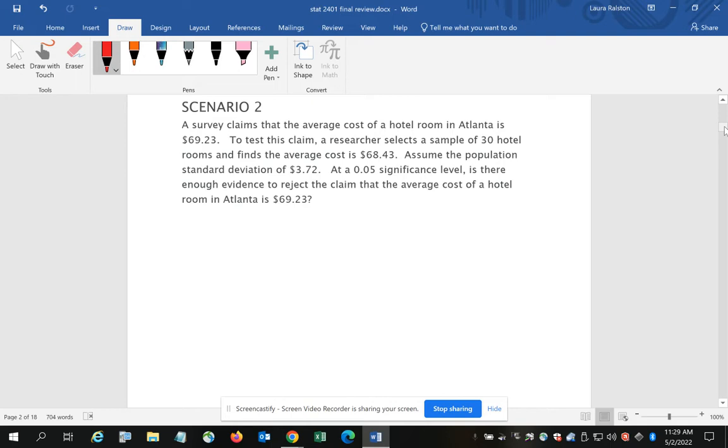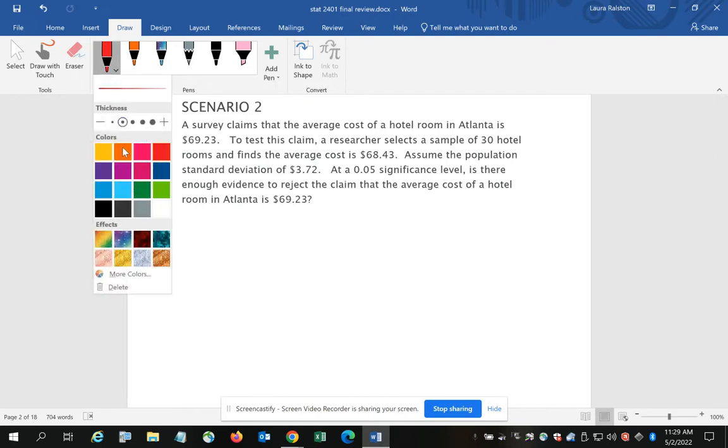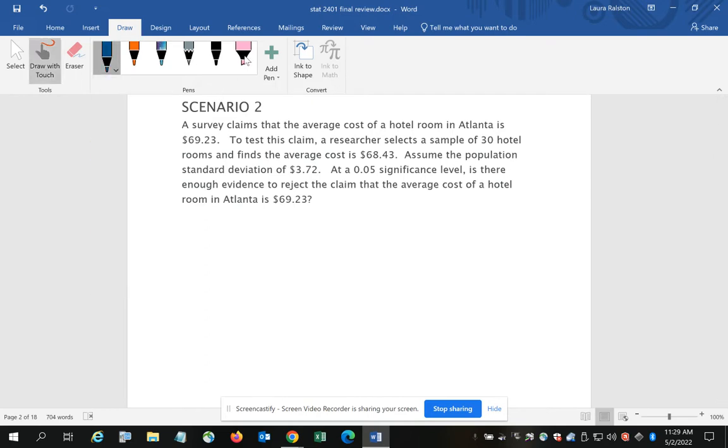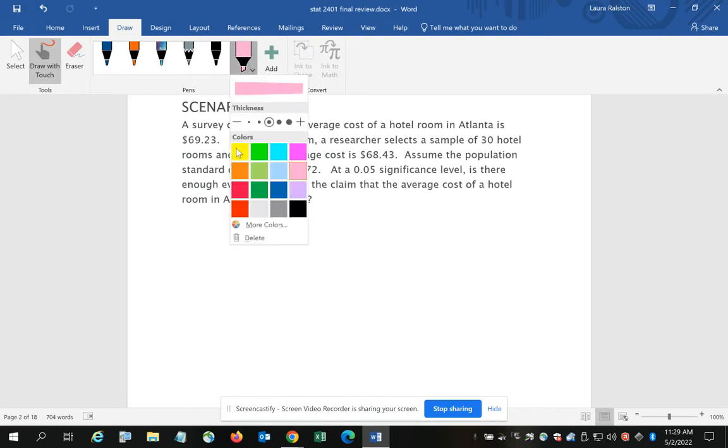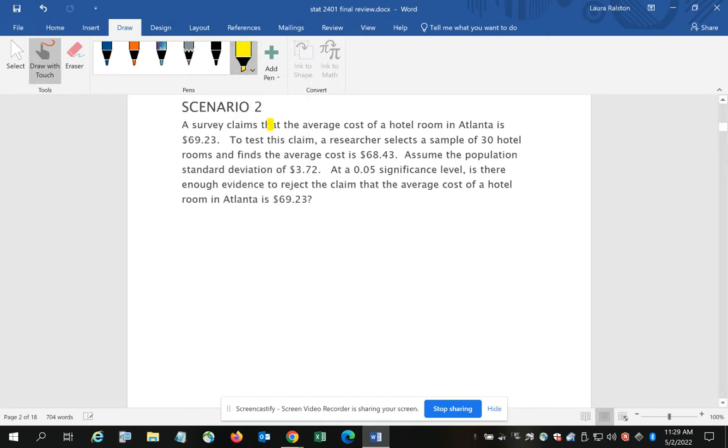Assume the population standard deviation of $3.72. At a 0.05 significance level, is there enough evidence to reject the claim that the average cost of a hotel room in Atlanta is $69.23?